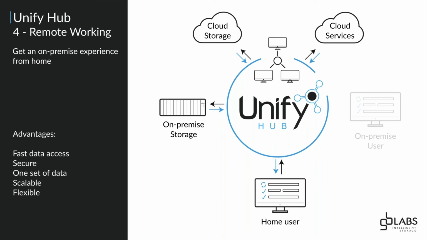There is the one set of data, which obviously means it's easy to manage, implement backup strategy, or even DR, but mostly keeping those files perfectly in sync. It is highly scalable, because the more people you want connecting into your office and connecting to various parts of storage, you can just simply add further Unify Hubs into the equation.